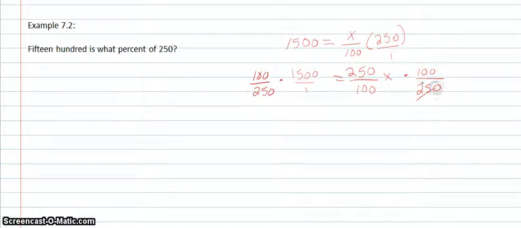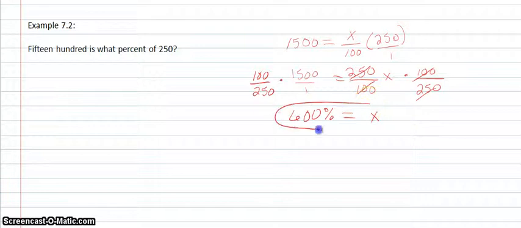Okay, so here these cancel, so it's just going to be x by itself. And then when I multiply this out, I would get 600%. So 1500 is 600% of 250.